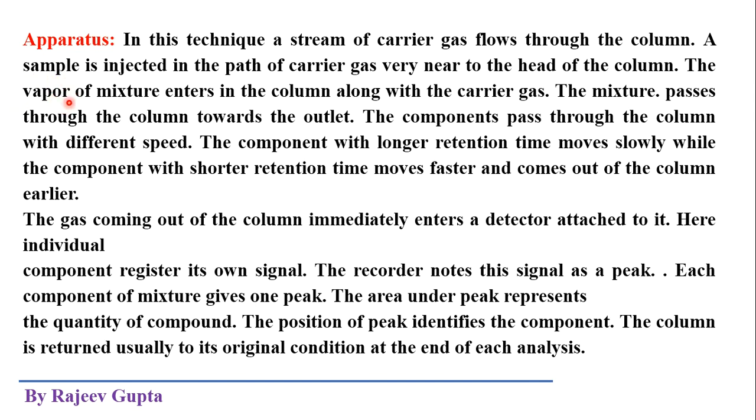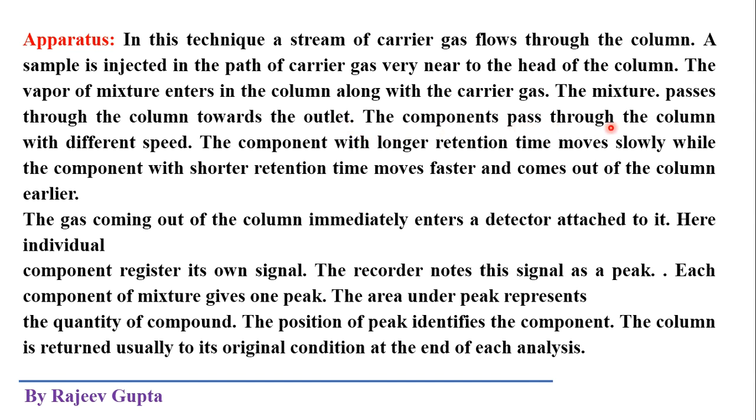So this vapor mixes with this carrier gas, which is the mobile phase. The mixture passes through this column towards the outlet. Now this mixture of carrier gas and sample, which are in vapor phase, goes through this column and finally reaches the outlet.